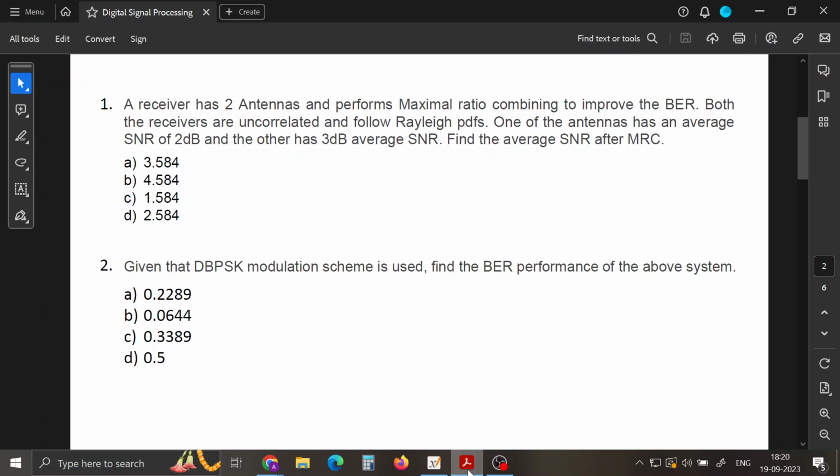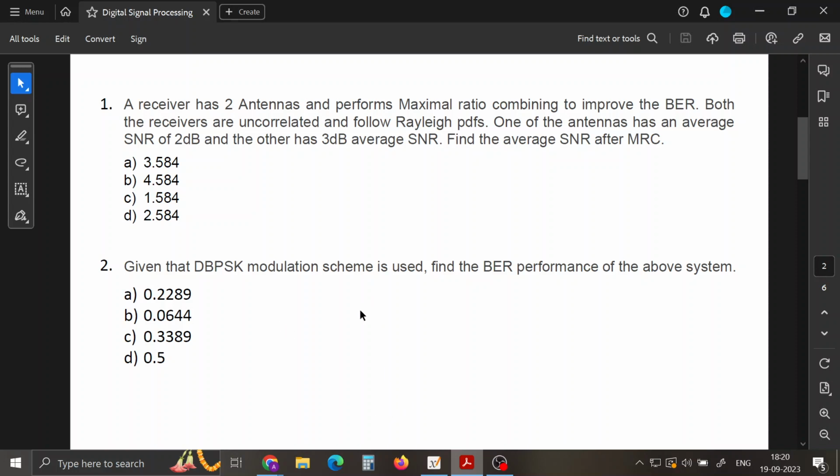So we'll do exactly the same thing here. First we will write the expression for moment generating function of MRC, and then we'll just evaluate it at s equals to -1.